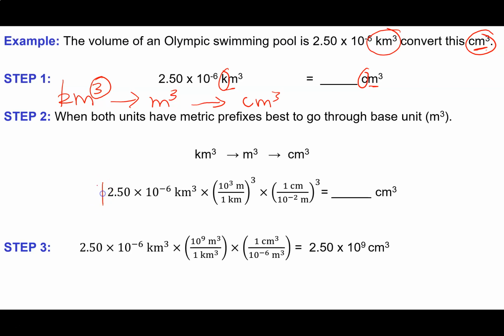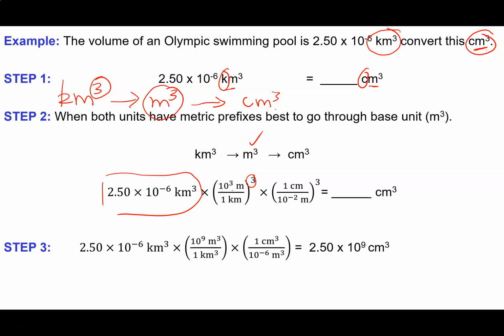So here's what I'm starting with. And then I'm going to multiply it by my conversion factor that gets me to meters cubed. And I know that in 1 kilometer, I have 10 to the 3 meters, but I've got to cube that. If you don't cube it, you're going to be in a world of pain. That's going to get me to meters cubed.